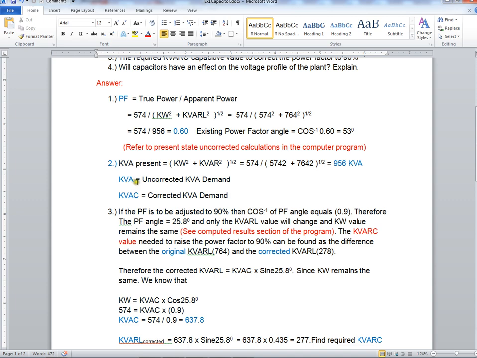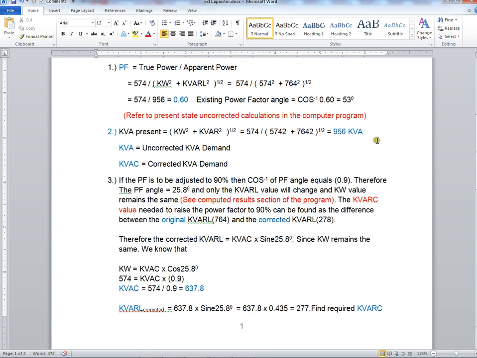Now we have uncorrected kVA demand and corrected kVA demand, so we're going to come up with 2 values here. The uncorrected kVA demand means we don't have capacitors involved, and then we're going to have a corrected kVA demand where we have capacitors. So that value of 956 kVA is going to be reduced when we put capacitors on the system.